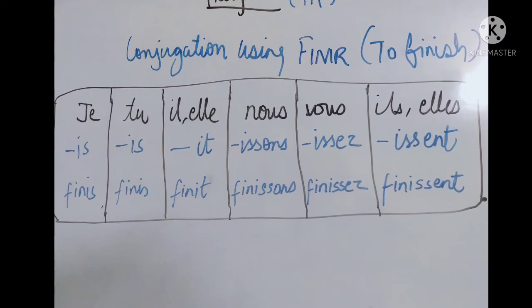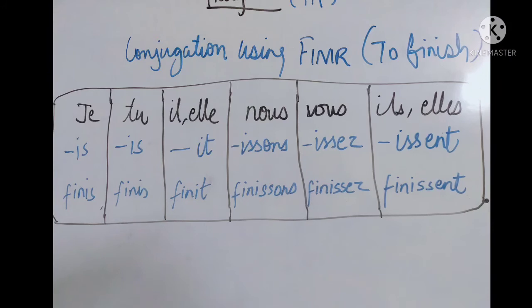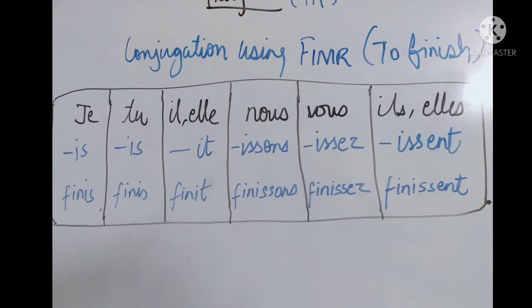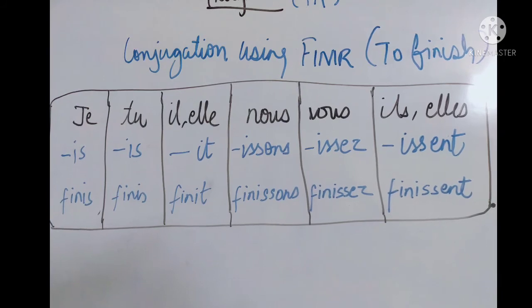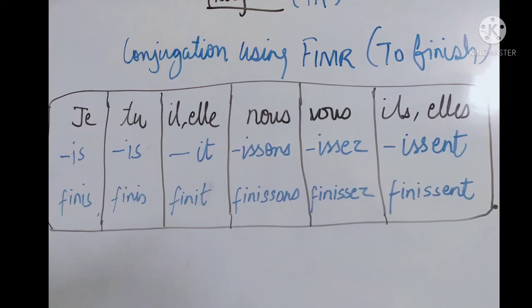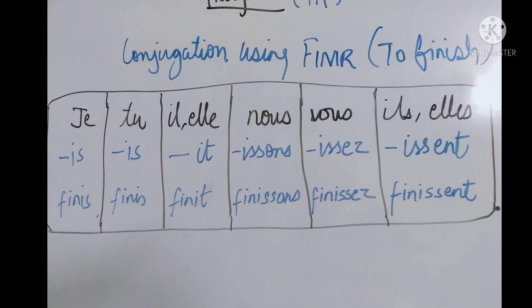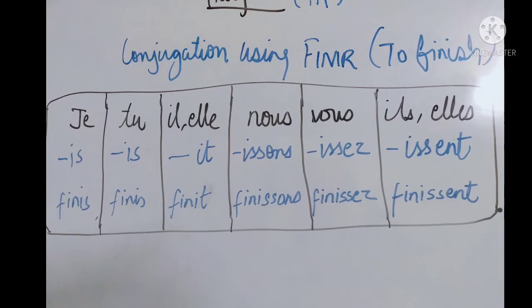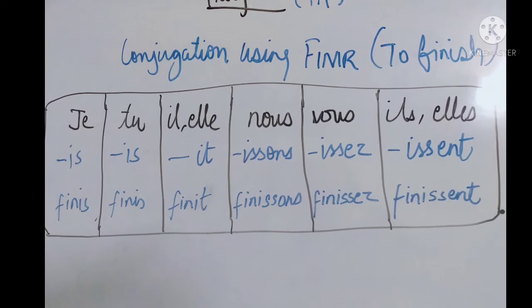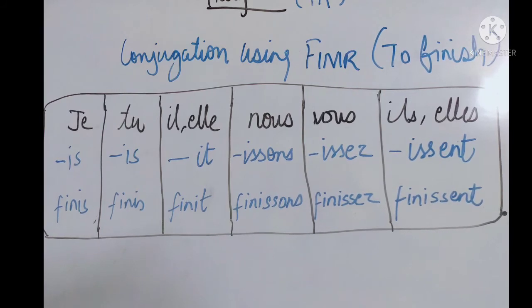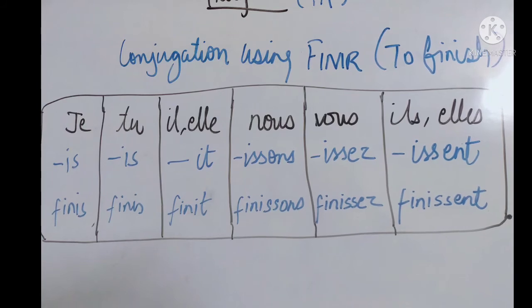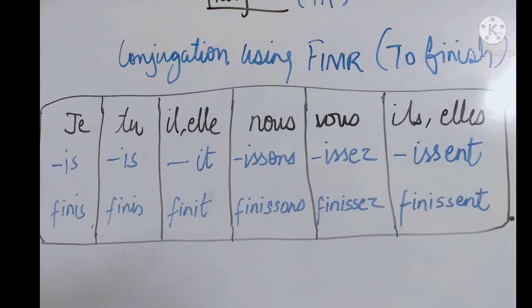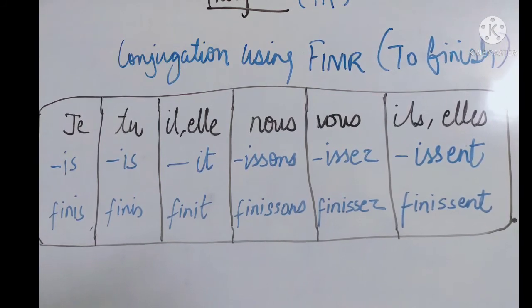So what will be the pronunciation for the finir case? For je it is finis, for tu it is the same, finis. As you can see, the add-on is the same. For il, elle singular it is fini, the T is silent. For nous, finissons. For vous, finissez.